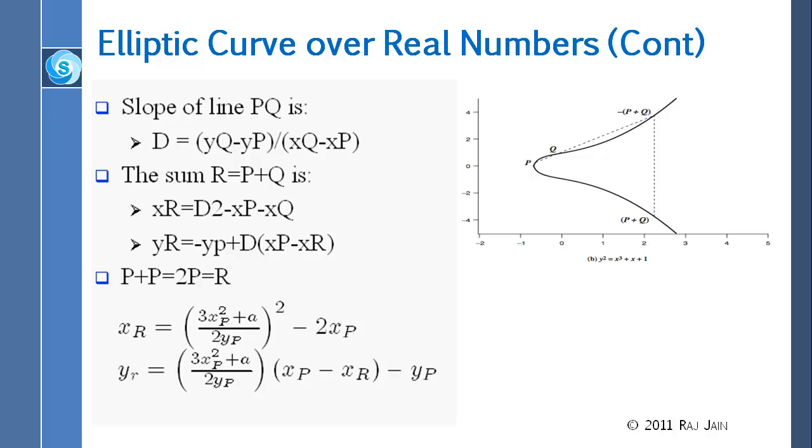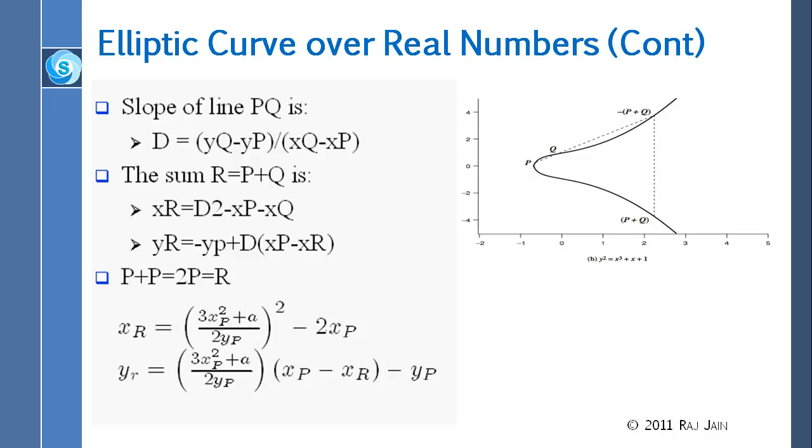Okay, so to find the slope, you can then calculate xr equal to delta squared minus xp minus xq. yr is equal to minus yp plus delta times (xp minus xr). And if you want to do 2P, then you use xr equal to this formula. Now, all of this can be calculated by normal geometry.